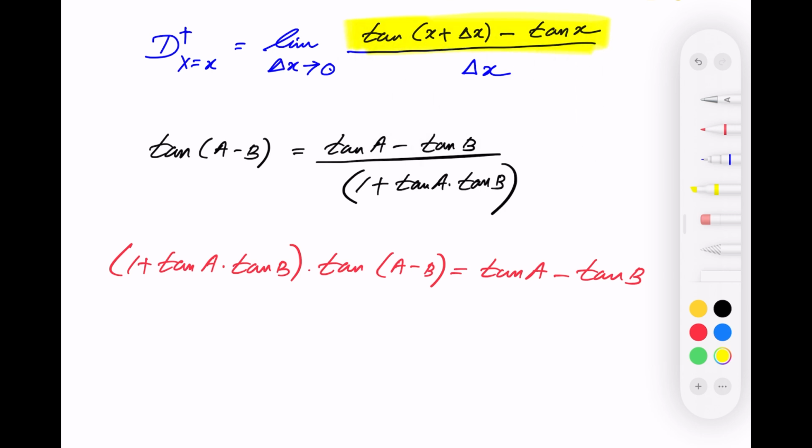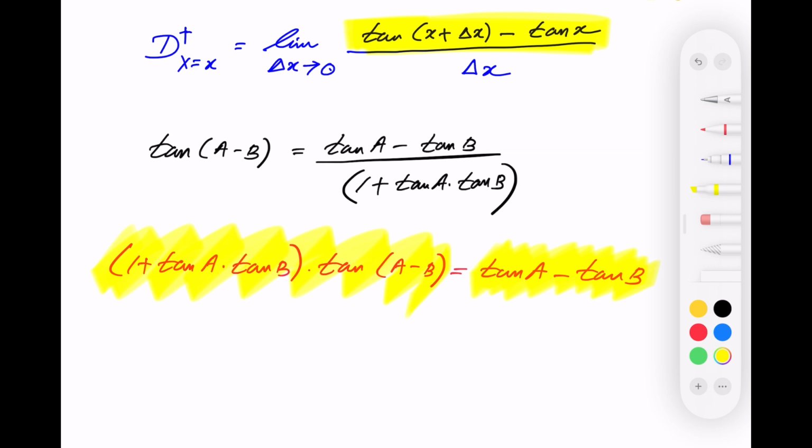Now I'm going to use that result for the numerator of the right-hand differentiability, with a equals x plus delta x and b equals x. You can see that the numerator of that right-hand differentiability is similar to the right-hand side of this identity. Therefore, as soon as I put a equals x plus delta x and b equals x, I can apply the left-hand side of this identity to that numerator.